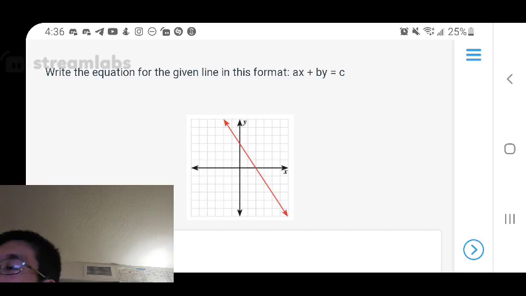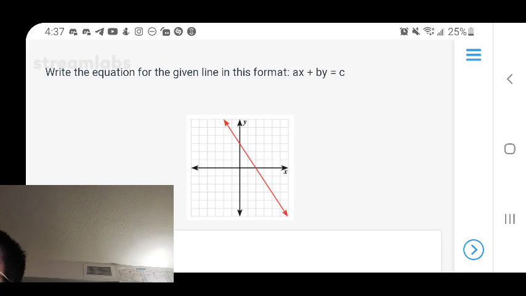And the slope is negative. Why? Yeah, that makes sense.